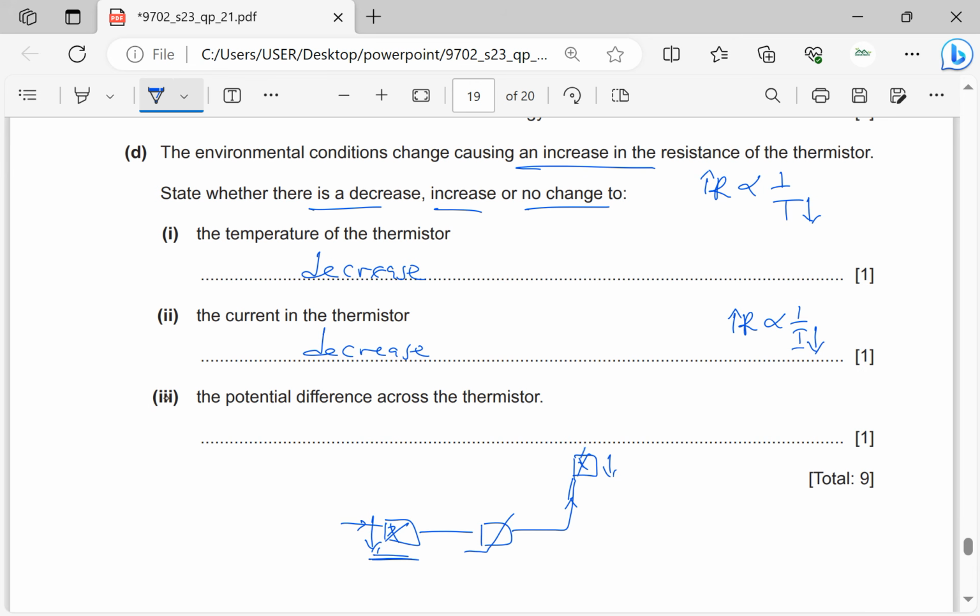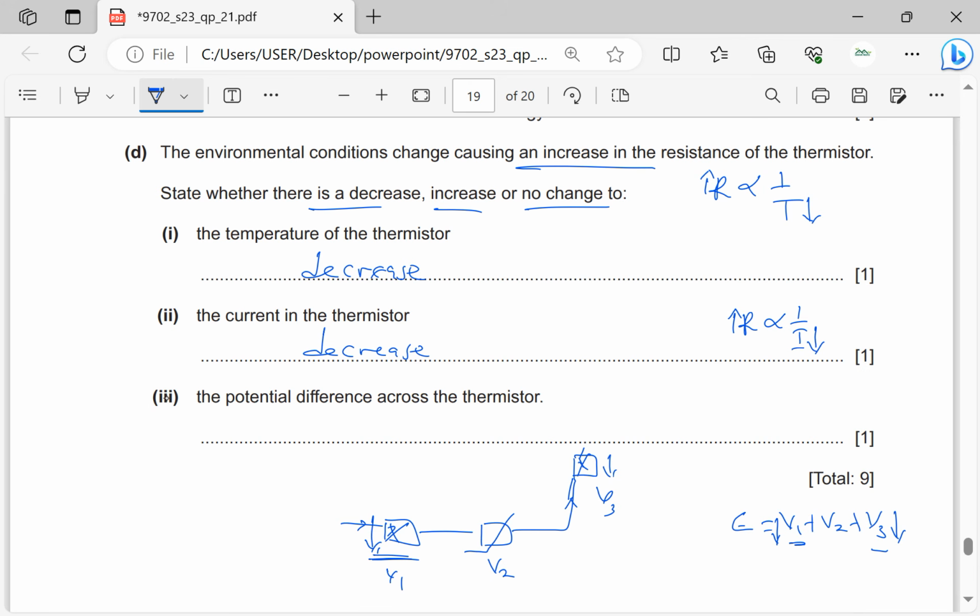But remember, the EMF must remain the sum of the PDs. If this is V1, V2, V3, the EMF is equal to V1 plus V2 plus V3. V1 is across the fixed resistor of 3400, so this one decreases because the current decreases. This one also decreases because the current decreases.